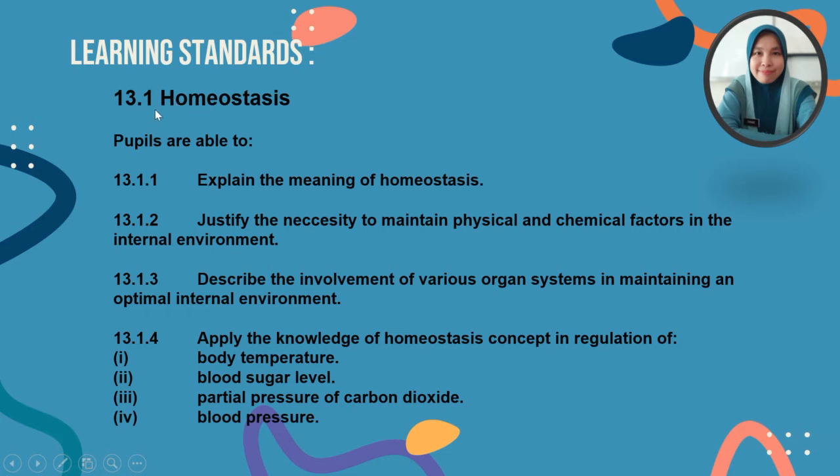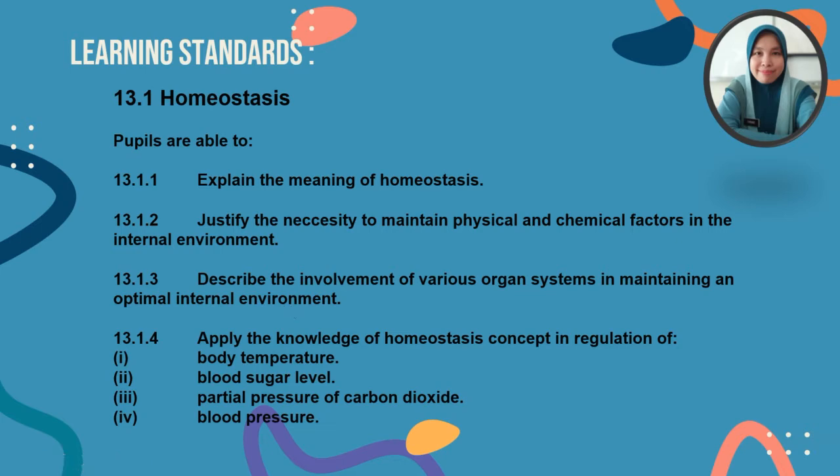At 13.1 homeostasis, pupils are able to explain the meaning of homeostasis. Okay, then number 2, justify the necessity to maintain physical and chemical factors in the internal environment. Okay, then number 3, describe the involvement of various organ systems in maintaining an optimal internal environment.